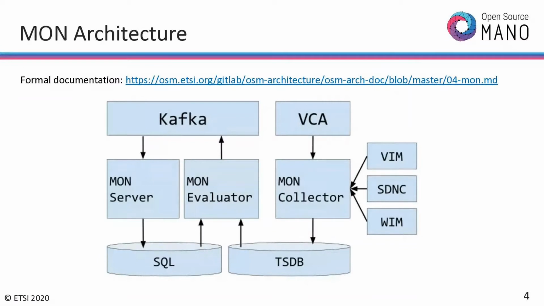All the parts that MON has, for example, the MON server that is connected to the SQL database we have in OSM, saves all the data about your VNFs or infrastructure, and then it gets all that information and spawns some collectors.